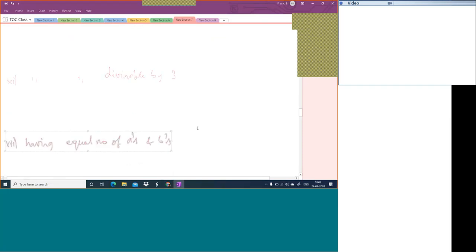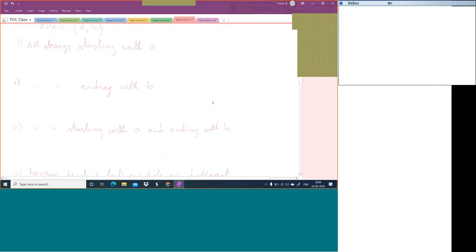Okay? Guys, copied or not? Hello, copy. Okay, now you do this. This is the first question. All strings starting with A. What is the answer for the first question? AB plus.